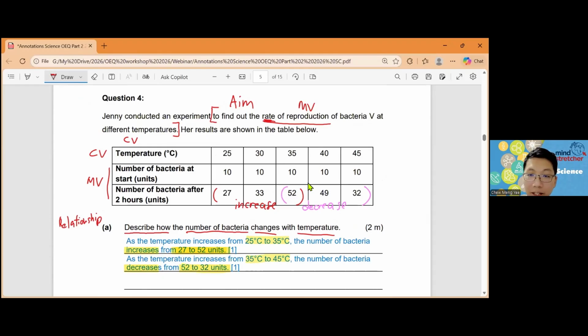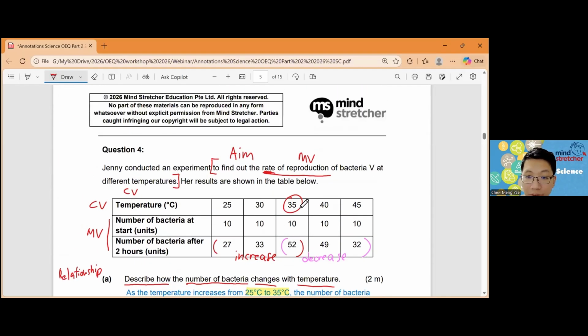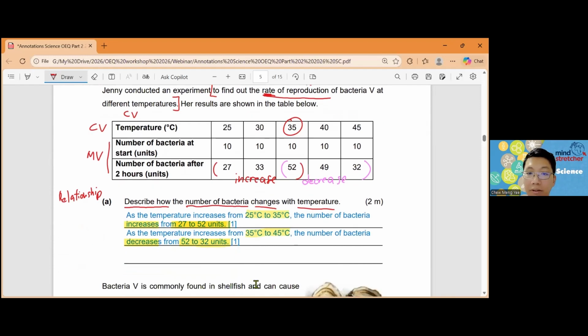The first part here: you can see that at 35 degrees Celsius, the number of bacteria compared to other temperatures is the highest. It increased the most, from 10 to 52. So 37 is very, very close to 35, and you would also expect that the number of bacteria will be very high.